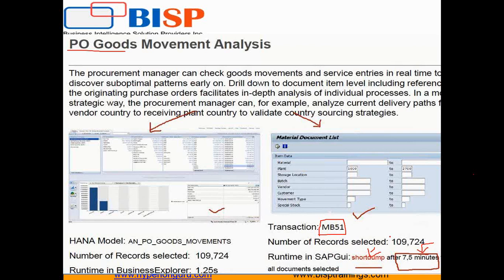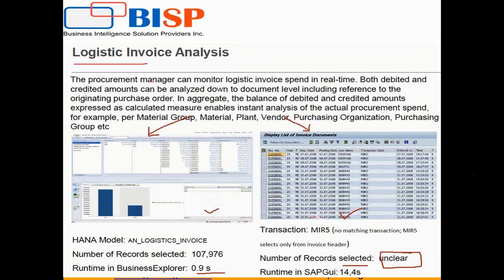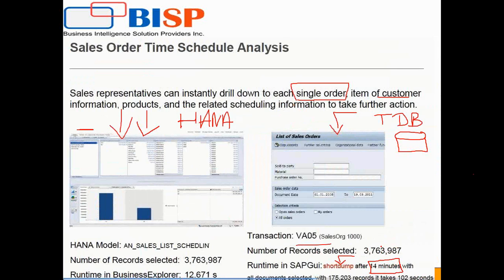And one more report, which is logistic invoice analysis. They were running this transaction code and it was not even clear. They didn't get the full result. So this is just an example, but this is all an example of SAP systems running on top of traditional databases.